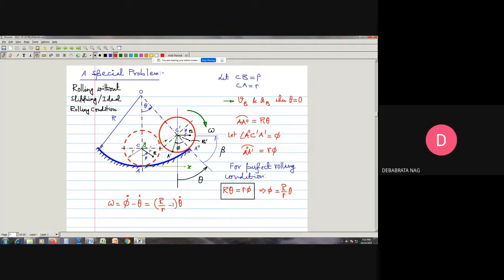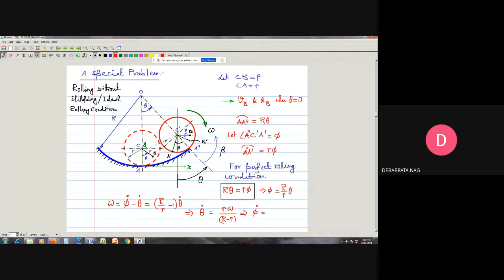So from here we can write that theta dot is equal to r into omega divided by capital R minus small r. And obviously it will give us the value of phi dot as well, which is equal to R by r into theta dot.